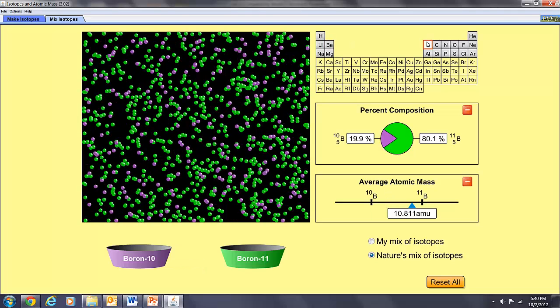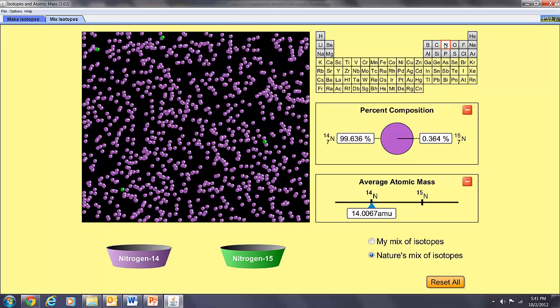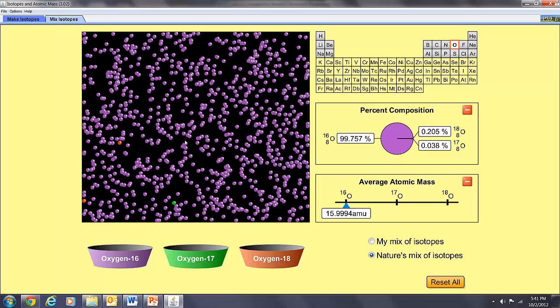Boron. We're seeing almost an 80-20 split there of the two different isotopes. How about carbon? Again, the majority is carbon-12, but there are other isotopes there. Nitrogen, again not a big split. Oxygen. Now look here. All of a sudden we're seeing all the purple, which is our oxygen-16, 8 protons, 8 neutrons. But over here we have our oxygen-18, which has 10 neutrons and 8 protons.